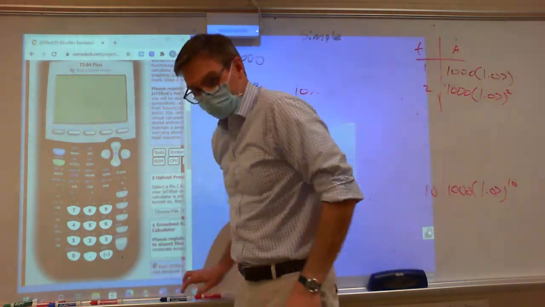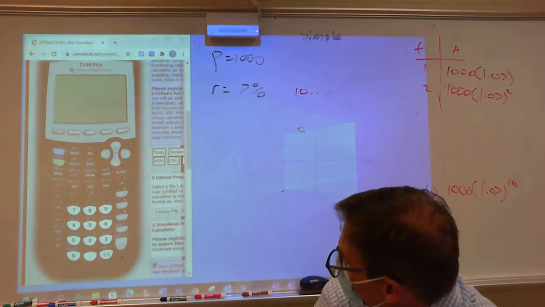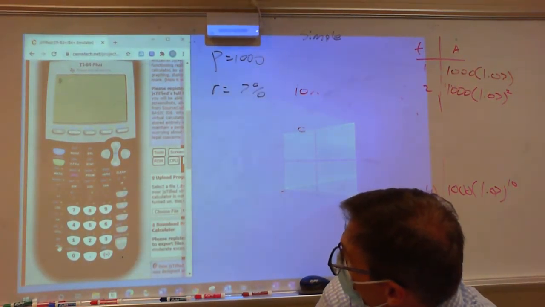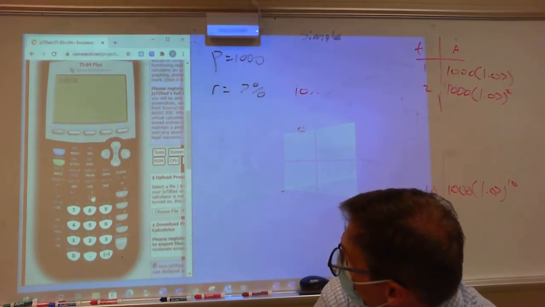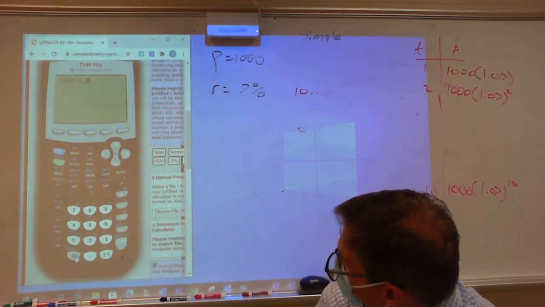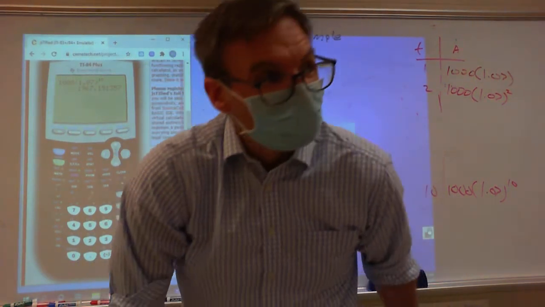And since I went to the trouble of trying to get a calculator up here, I guess I should turn my calculator on and hit 1,000 times 1.07 to the 10th.